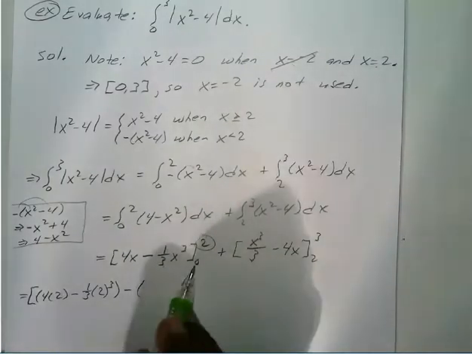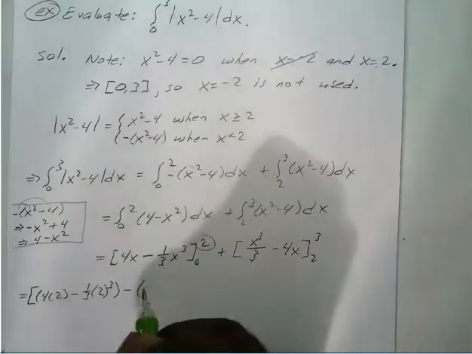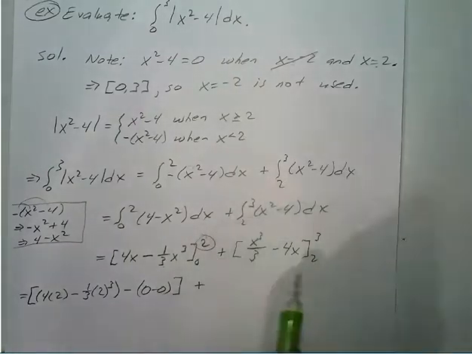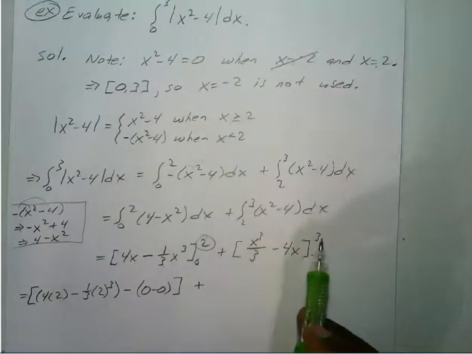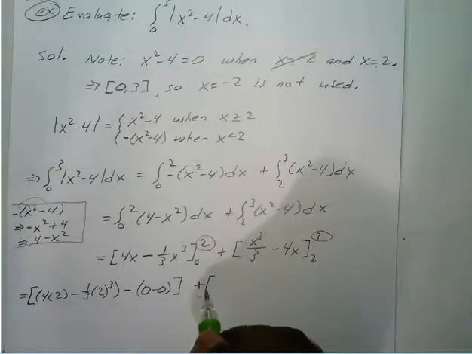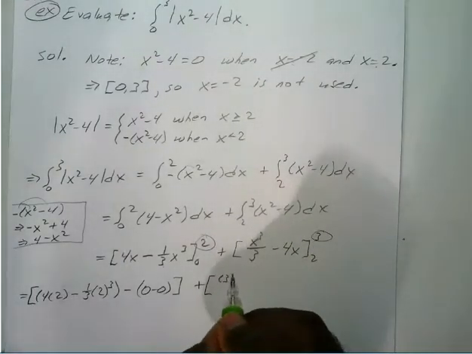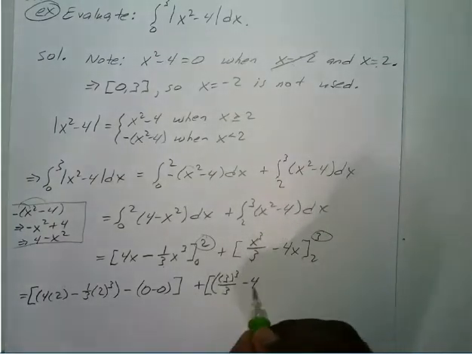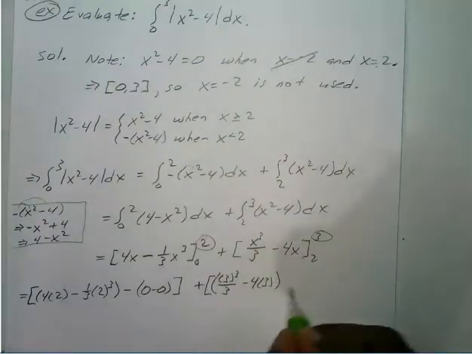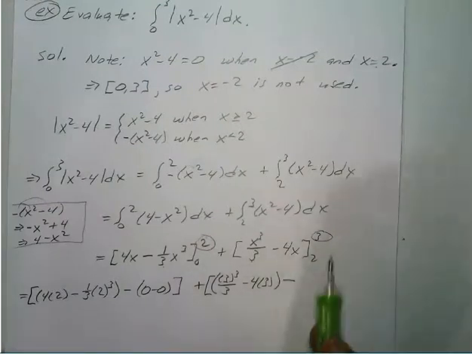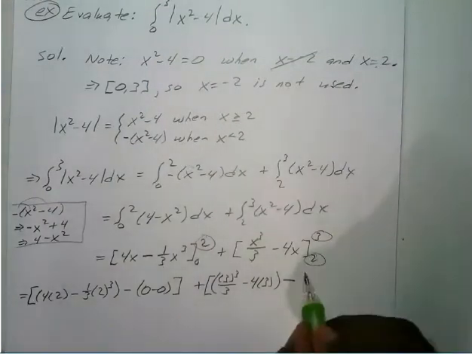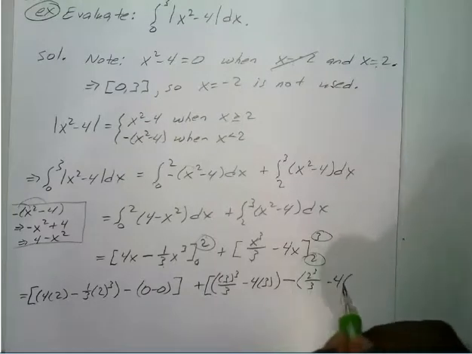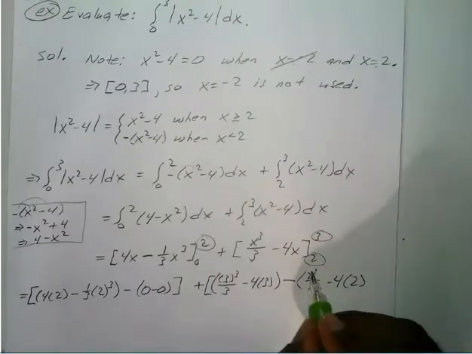Minus, now we plug in our 0, we just get 0 minus 0. Okay, so plus, now we do the same thing to this one. Plug in our 3. So we have 3 to the third over 3 minus 4 times 3. Minus, now we plug in our 2. 2 to the third over 3 minus 4 times 2.